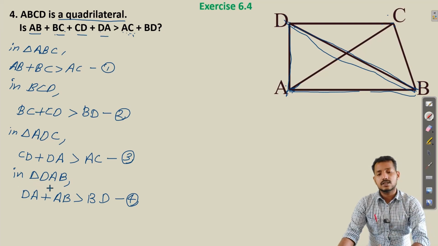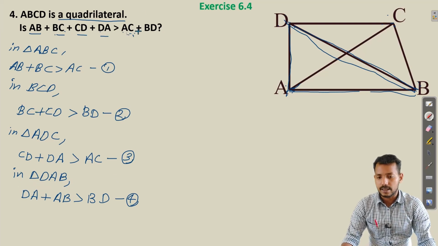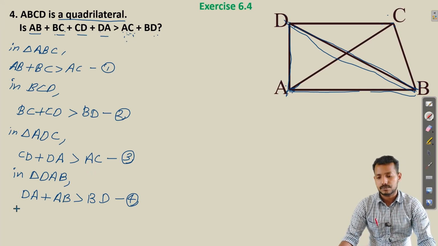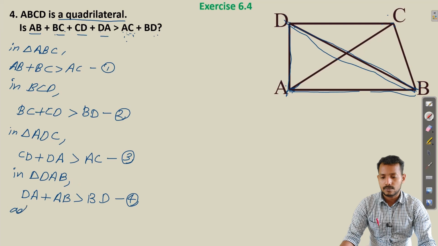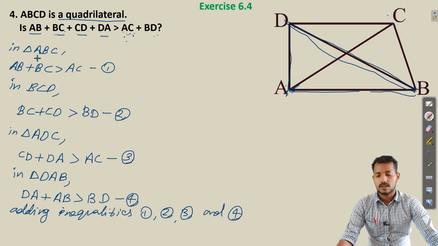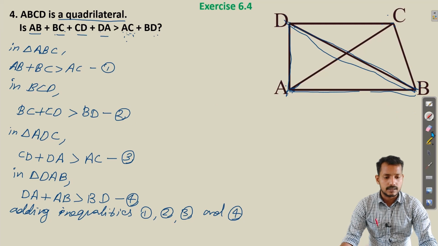Now we have got 4 inequalities from these 4 triangles. Now just add these inequalities because we have to get AC plus BD. So adding inequalities 1, 2, 3 and 4, what will we get here? First, the corresponding LHS we have to add.